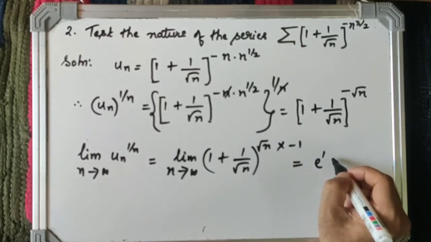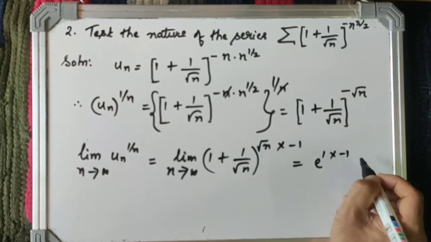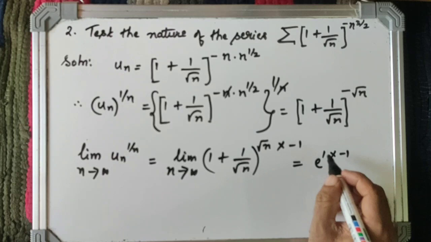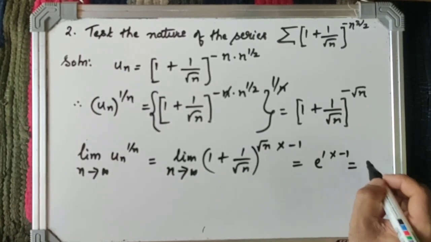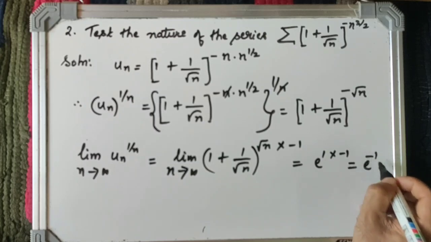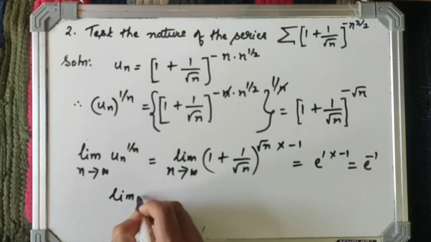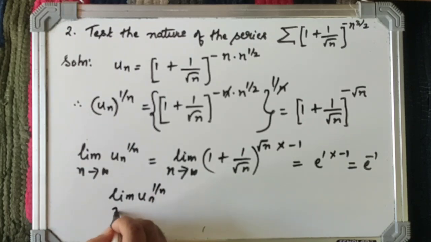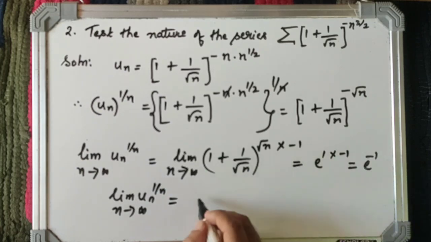E power 1 into minus 1 is e power minus 1. So the limit of un power 1 by n as n converges to infinity is equal to e power minus 1, which is 1 divided by e.